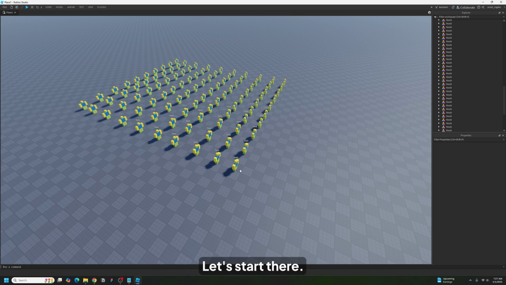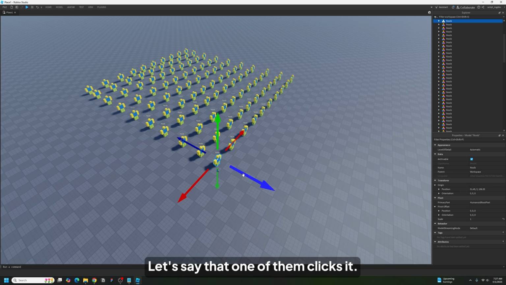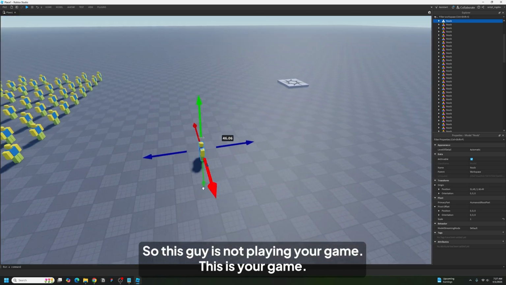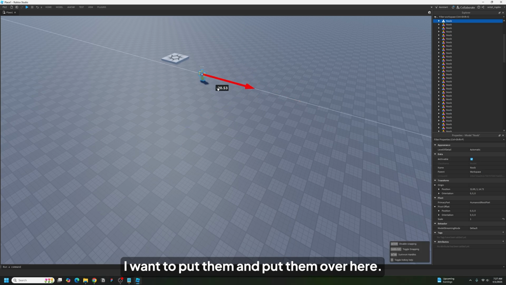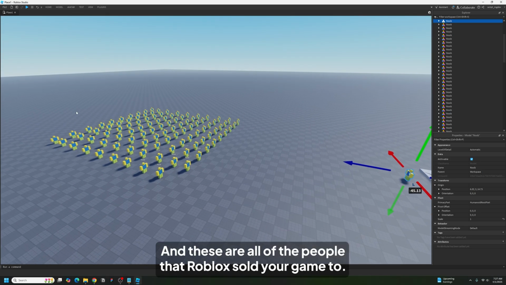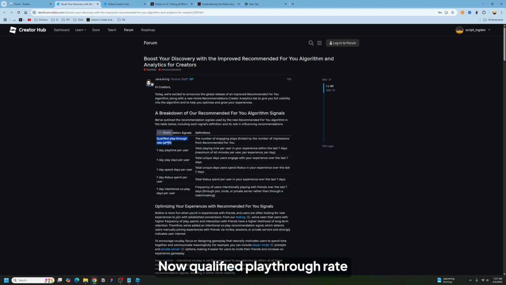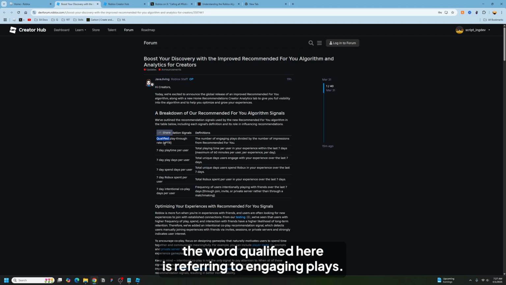Let's start there. Let's say that one of them clicks it. So this guy over here, he just clicked it. So this guy is now playing your game. This is your game, and these are all of the people that Roblox showed your game to. And he just clicked it. Now, qualified playthrough rate. The word qualified here is referring to engaging plays.